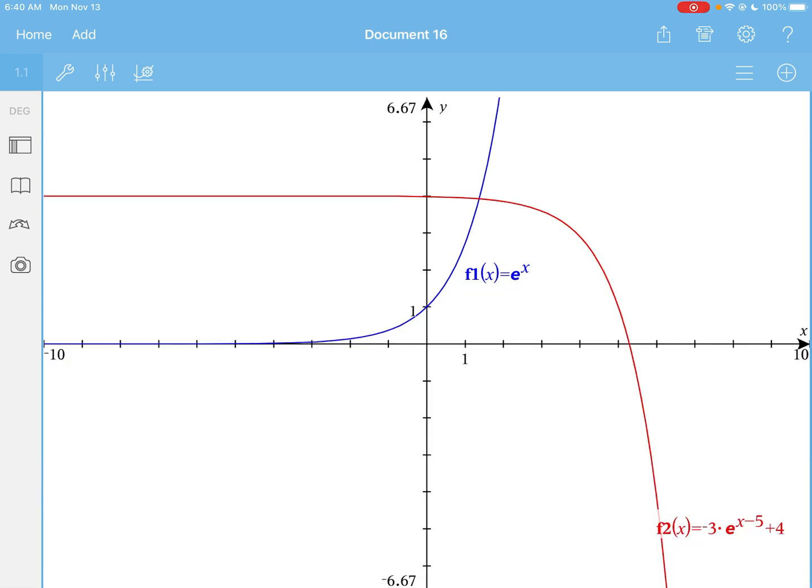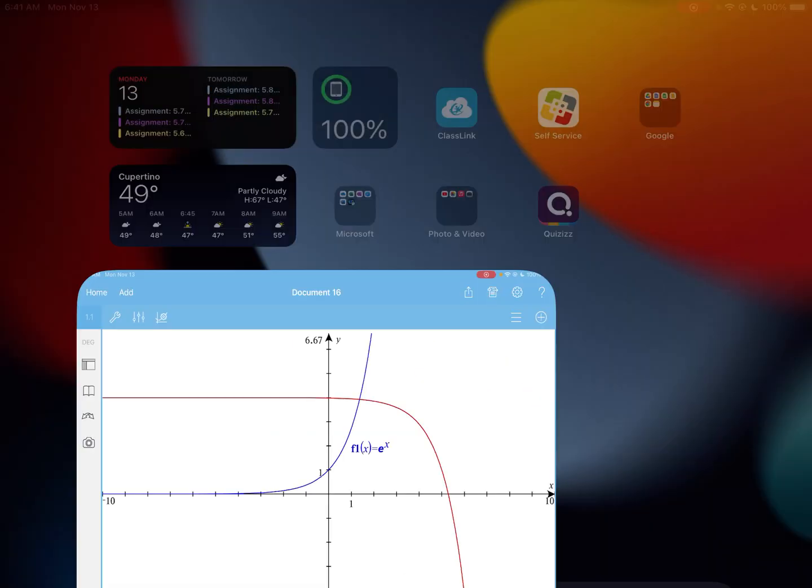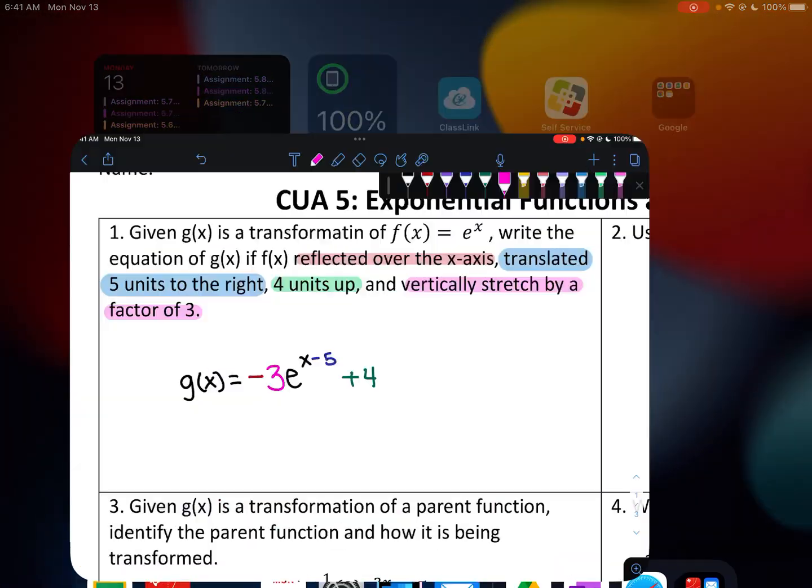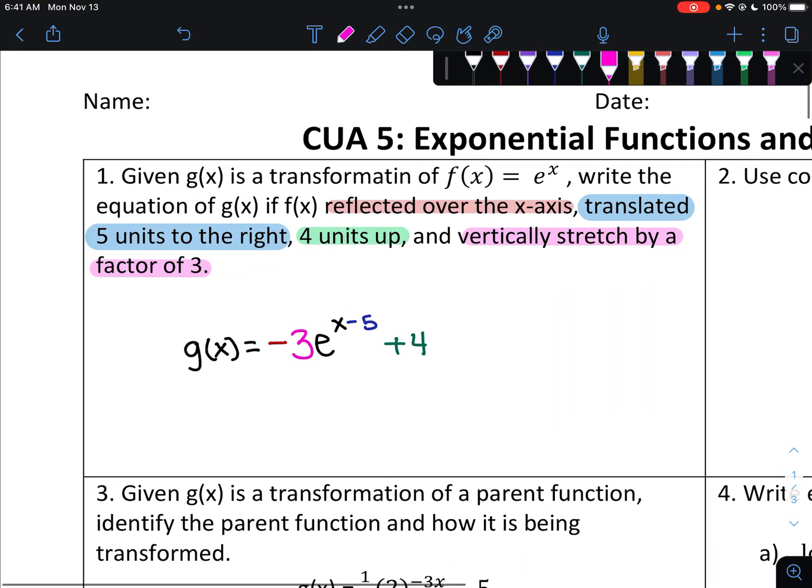And look, it has been shifted 4 units up, 5 units to the right, and has a reflection about the x-axis and a vertical stretch of 3. So you can always graph to make sure it moves how it's supposed to. So that would be our final answer.